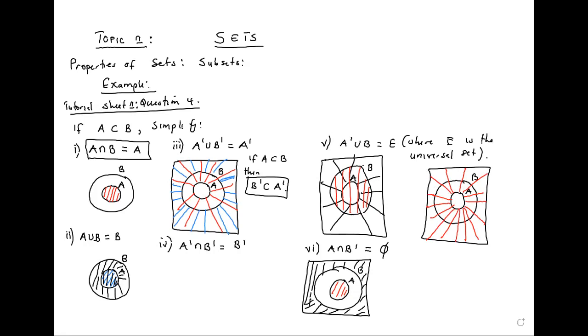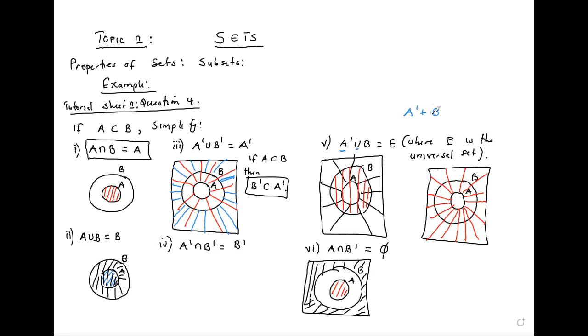Then B. So A complement union B. Union is like you're saying A complement plus B, except you don't add sets like that. So we add them using union. So whatever is in A complement plus whatever is in B, you put together.